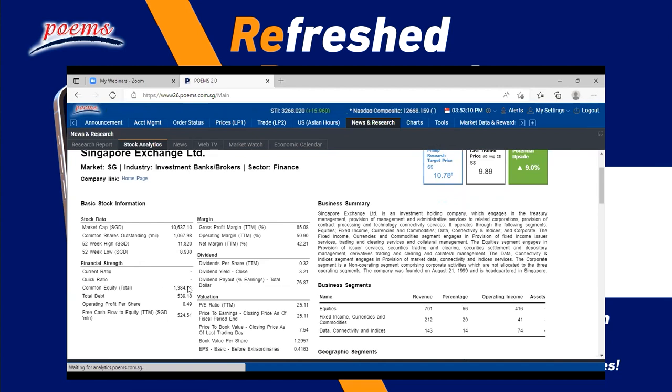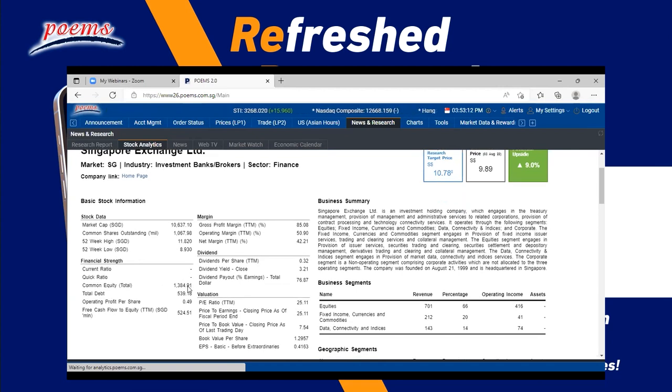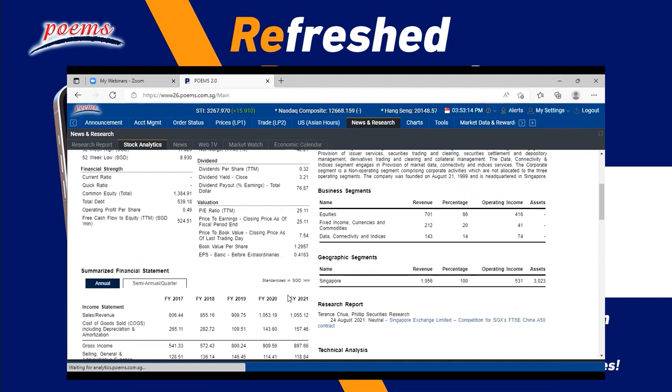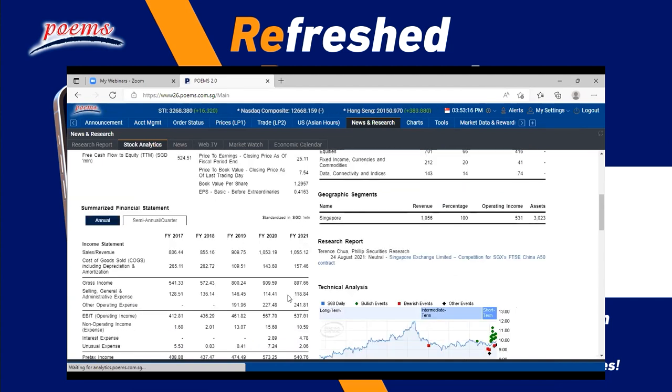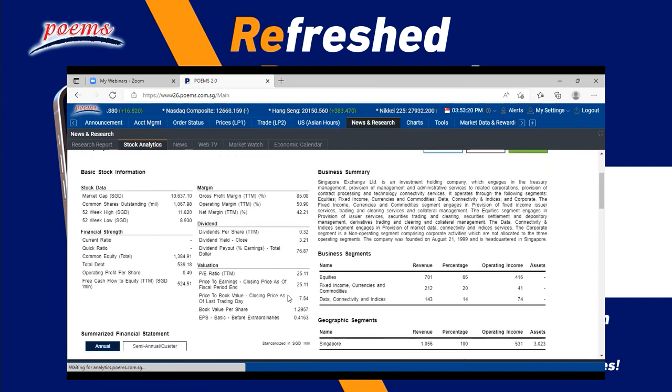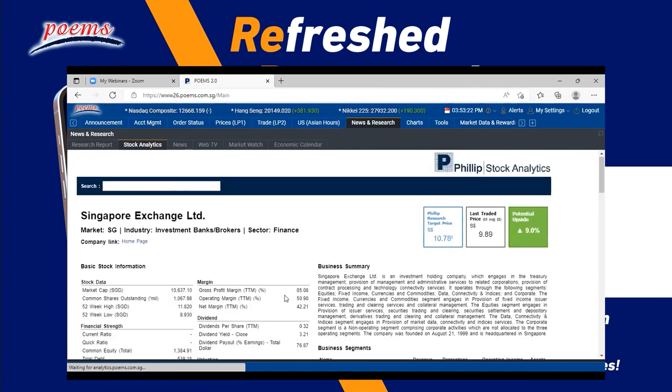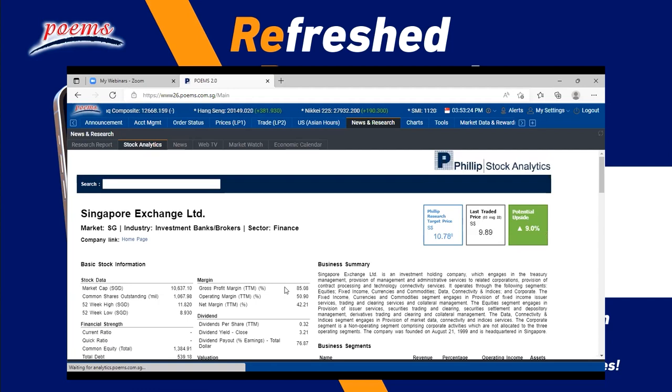As compared, you can actually do a geographic segment comparison as well. Okay, let me scroll down a bit for you to look at the comparison.